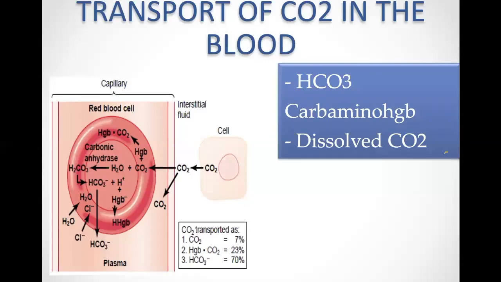Now, please zoom into this. The transport of carbon dioxide in the blood, okay? Now, always remember this principle. Physiology, biochemistry: the major transport form of carbon dioxide in the blood is in the form of bicarbonate.